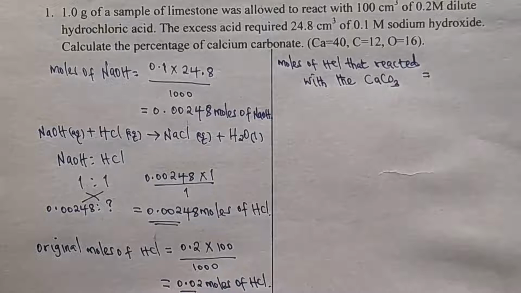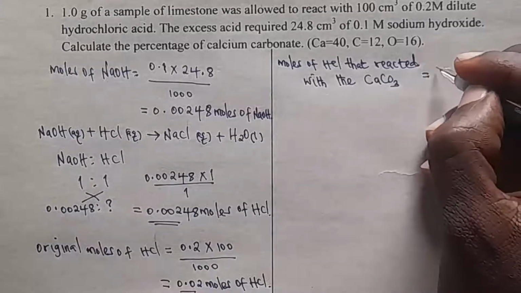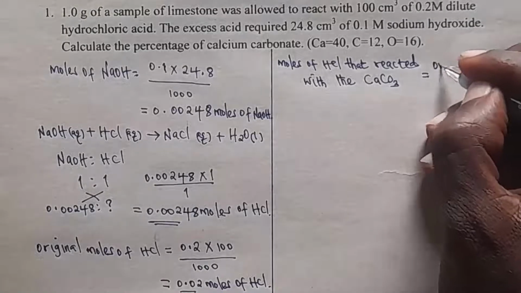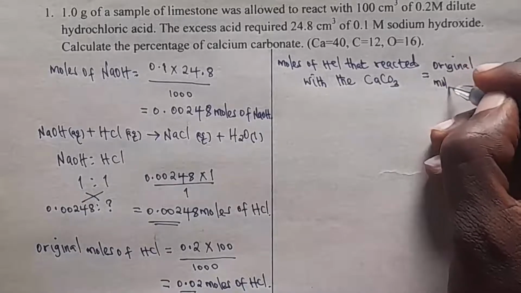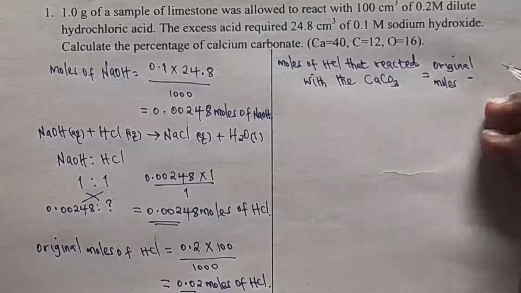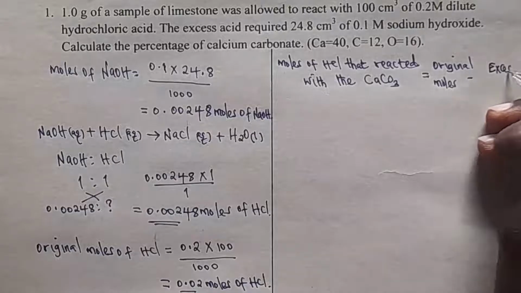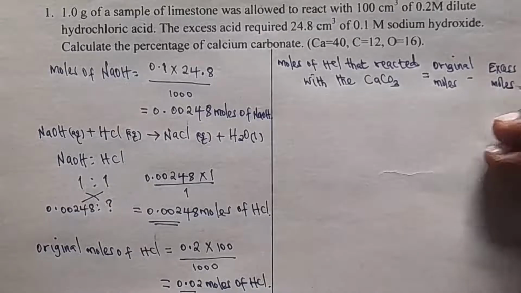How are we going to get that? By having the original moles and subtracting the excess moles. So we can obtain it by original moles minus excess moles, the excess moles of hydrochloric acid.